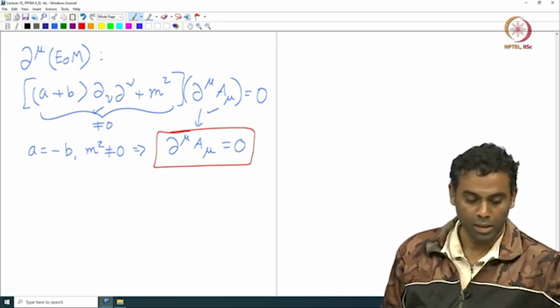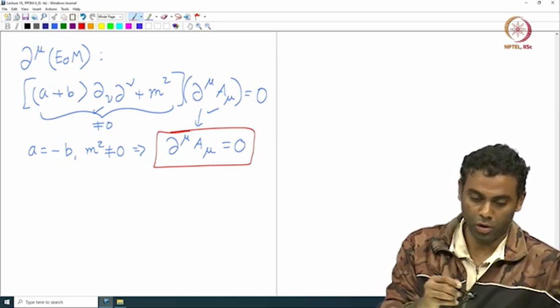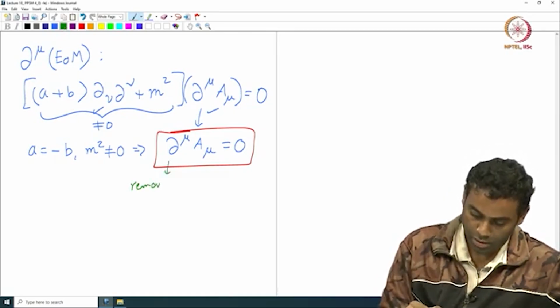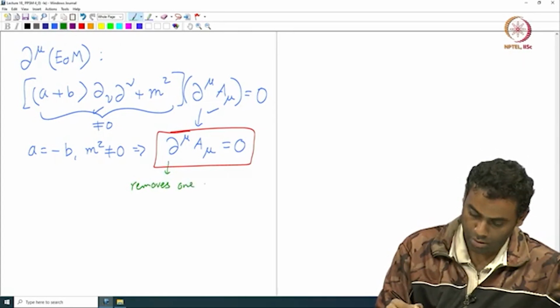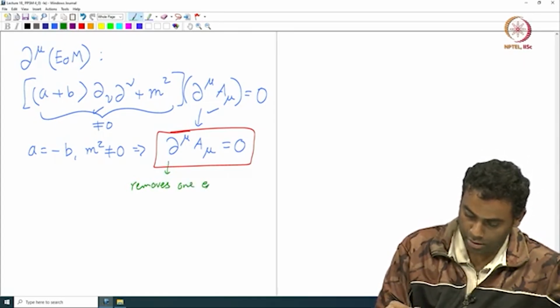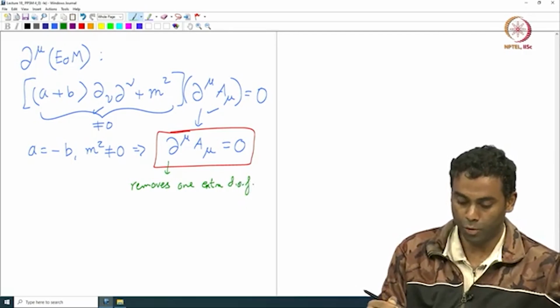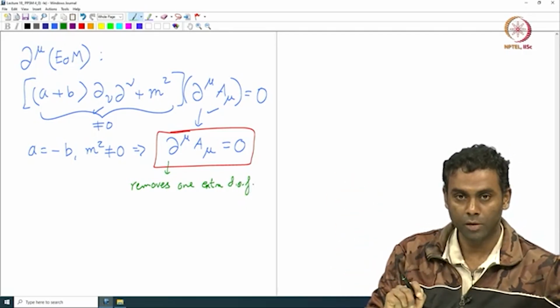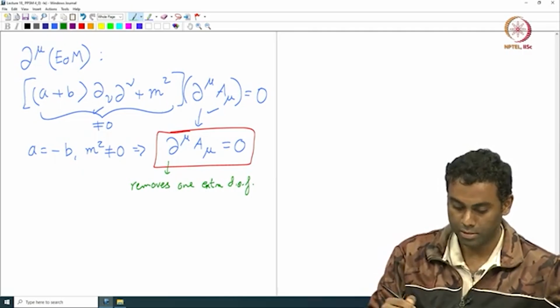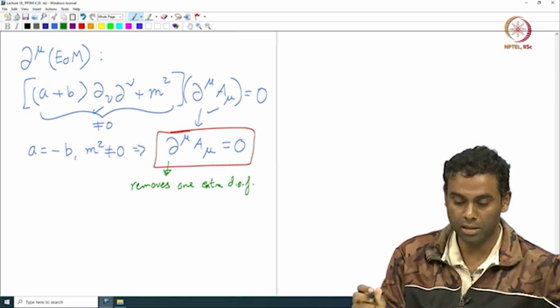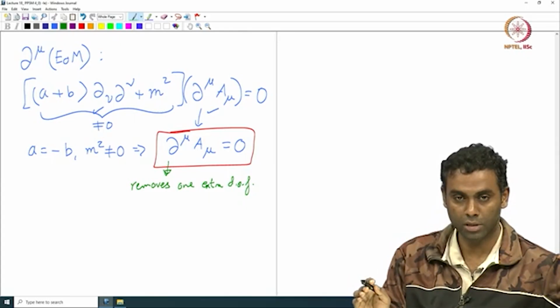Okay. Now I am going to tell you that this is what removes one extra degree of freedom that we had in the problem, right. A 4 vector is made of 4 components, right, and our job was to remove one of them so that we could embed exactly the 3 propagating degrees of freedom into the equation of motion, correct.